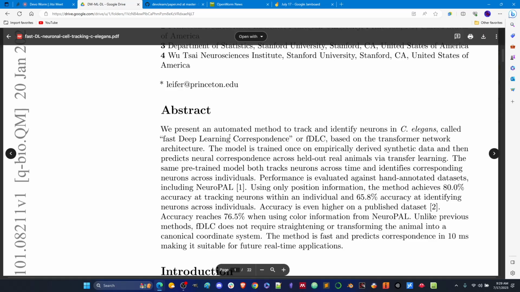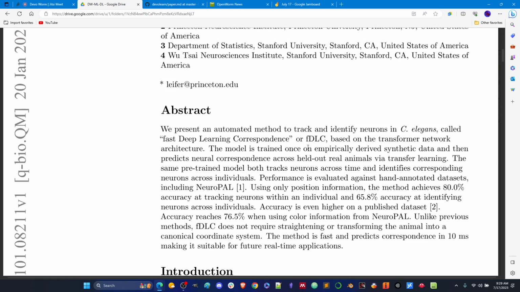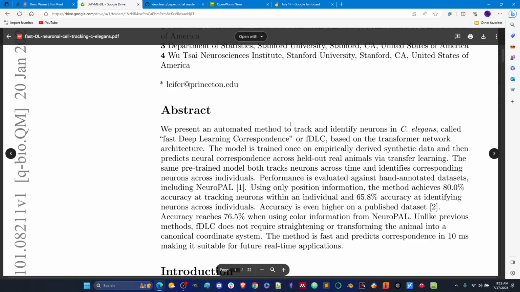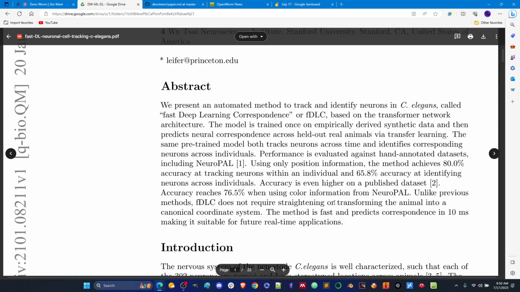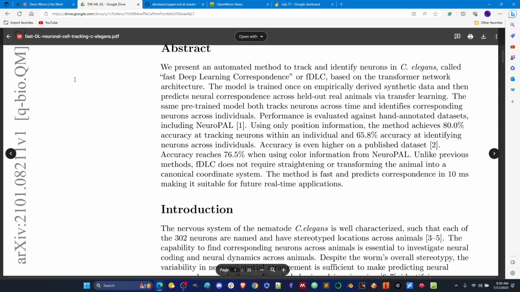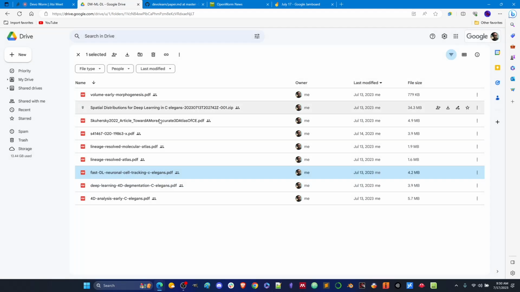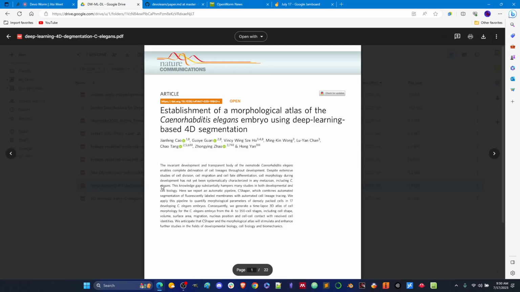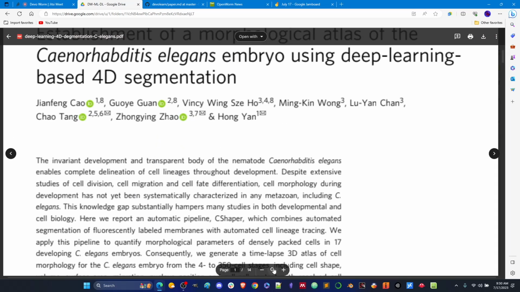So they're doing this fast deep learning correspondence, and it's basically a transformer, and they're training it on synthetic data, which means they're making data up based on the distributions you'd find in C. elegans, and then it predicts on actual samples of data. This is the way they're doing this. I don't know if this is useful, but it does give you some guidance in terms of what other people are doing.